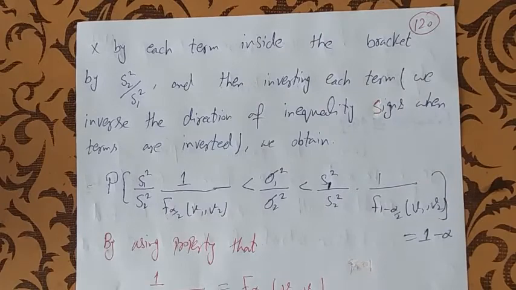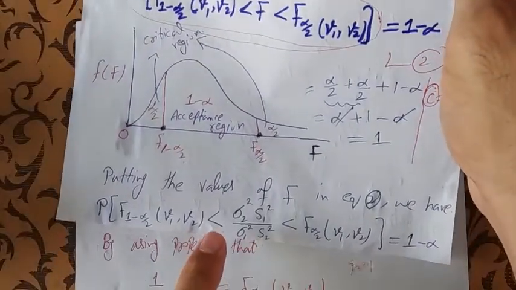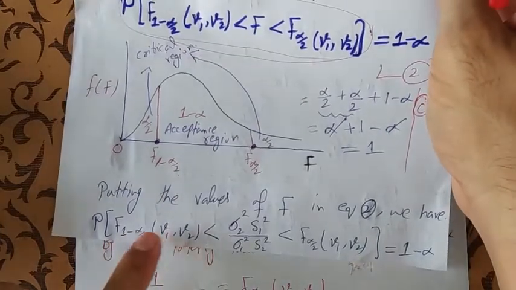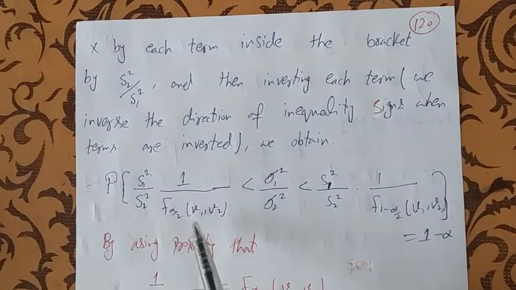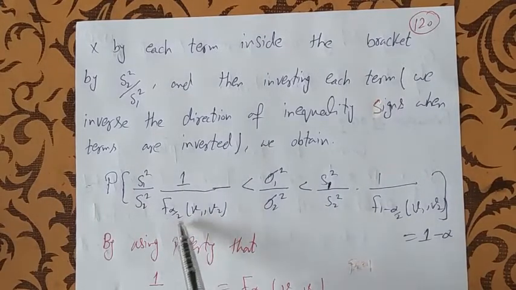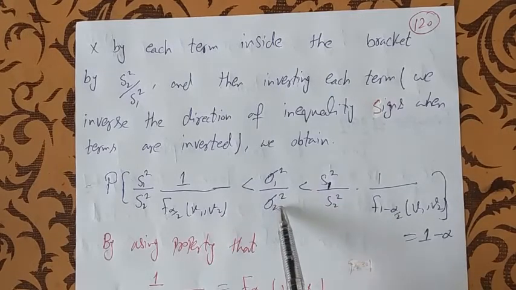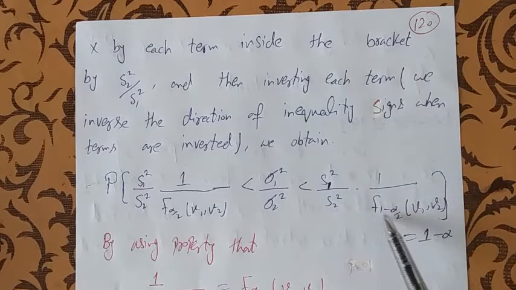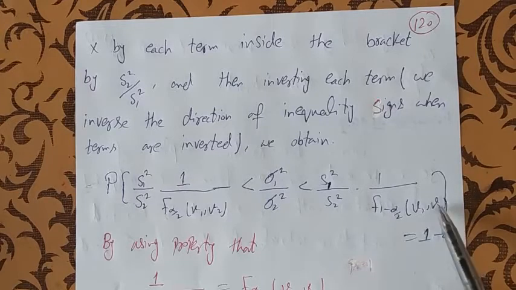Okay, and dear students, we want to invert these two inequality signs, and then our relation converts into this format: 1 over F alpha by 2 nu1 comma nu2 less than sigma 1 square over sigma 2 square, which is also less than s1 square over s2 square into 1 over F 1 minus alpha by 2 nu1 comma nu2.